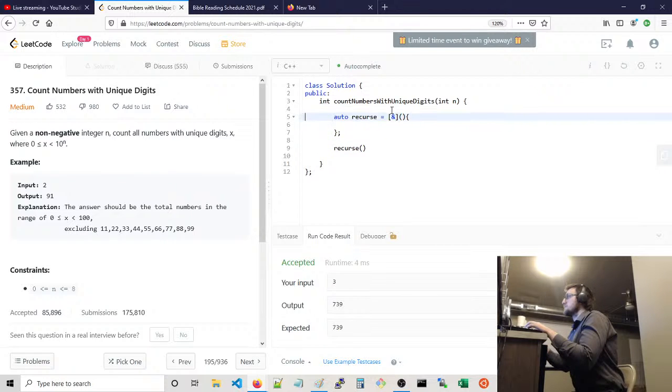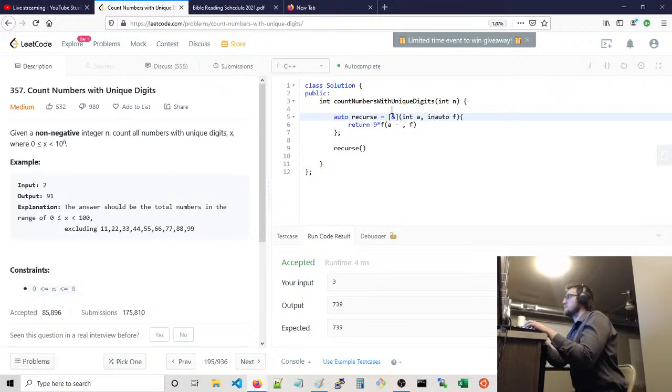We'll get to that in a second, what those are going to be. And we're going to return 9 times f of, we said it's n minus, we'll do a and b, right?